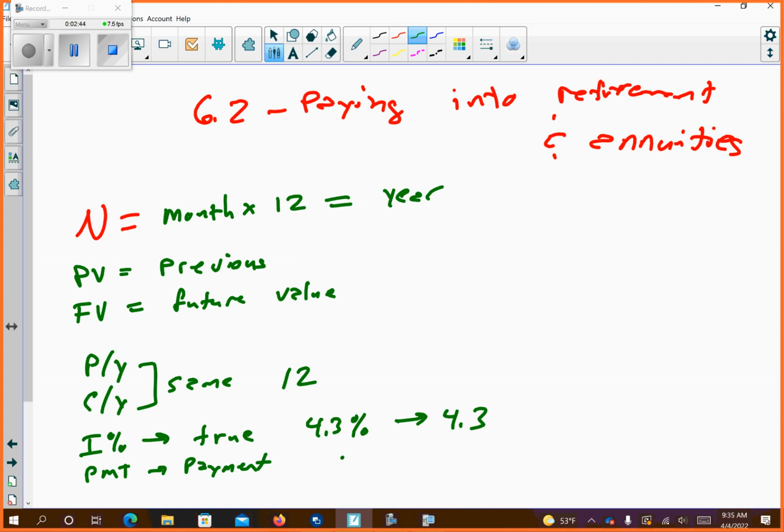And then the end, this is what we want. What we could have at the end if we're investing, the total at the end, and that could be a huge number, but it also could be zero. So those are all things that we can use for this.